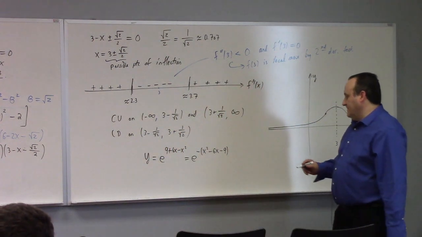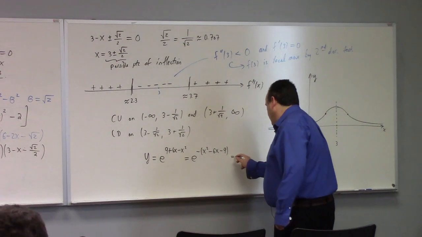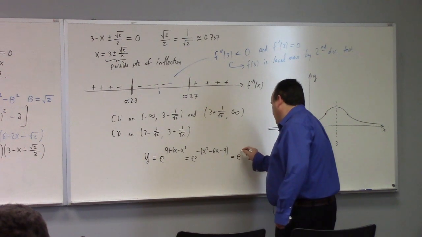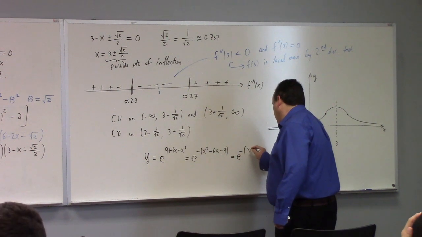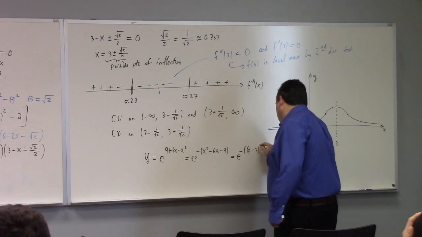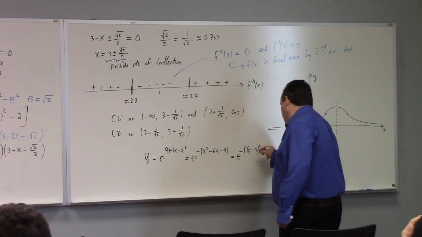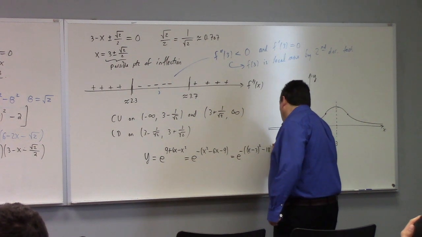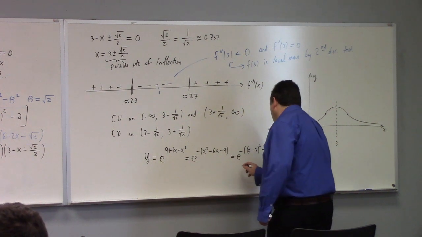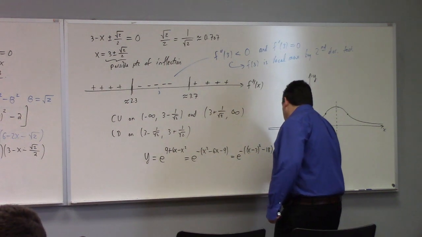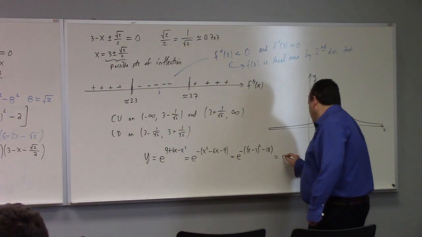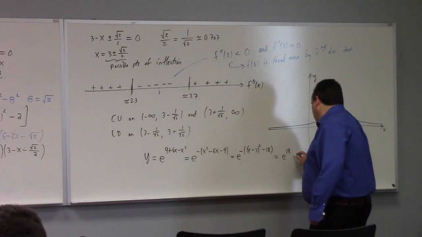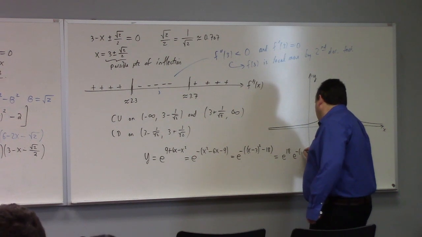If I complete the square inside the exponential, I have e to the minus ((x minus 3) squared), and then I have to subtract a 9, so I actually have minus 18 here. Whoa! Yowzers! Whoa, dude. e to the 18 times e to the minus (x minus 3) squared.